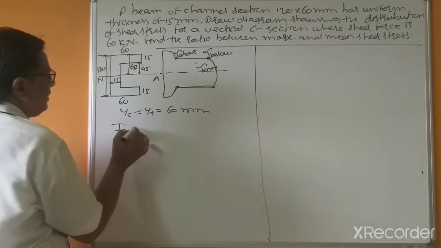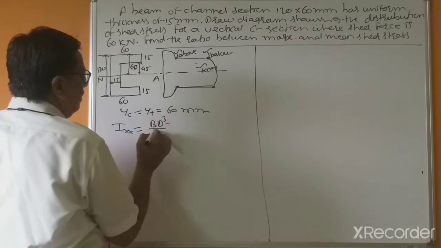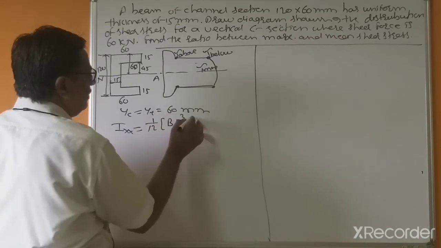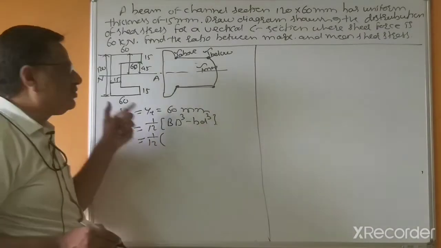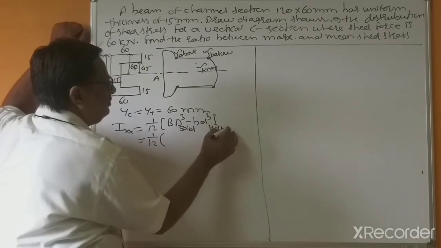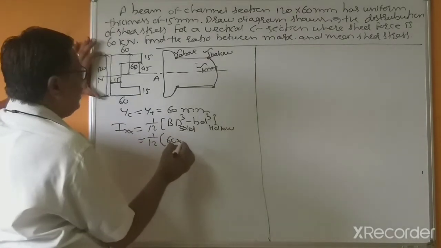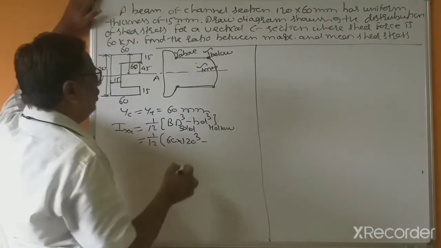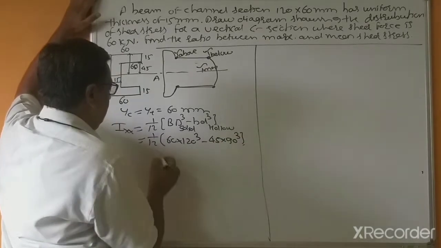Now moment of inertia about x axis equal to 1 divided by 12 capital BD cube minus small bd cube. Capital B means this is solid and this is solid and this is hollow. So capital B equal to 60, D equal to 120 cube, small b this is 45 and this is 90 cube.